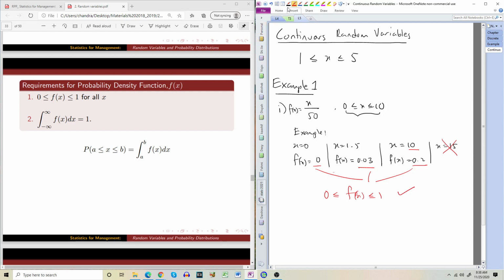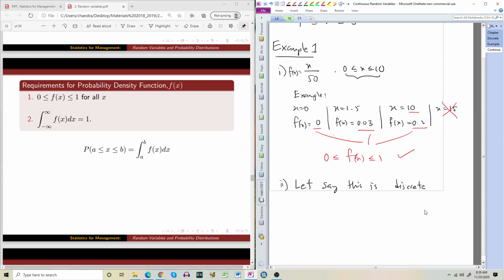Now let us go on to the second condition. What is the second condition? If you add up everything, let's say it is discrete.